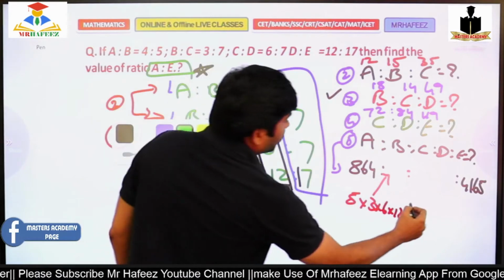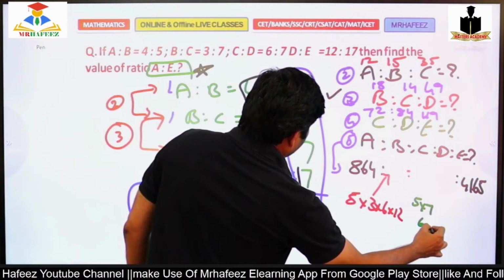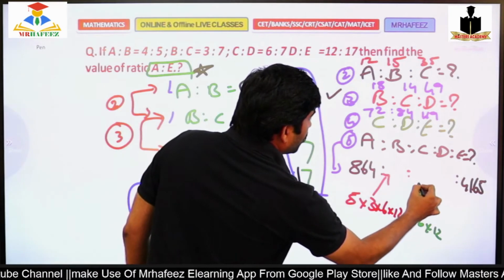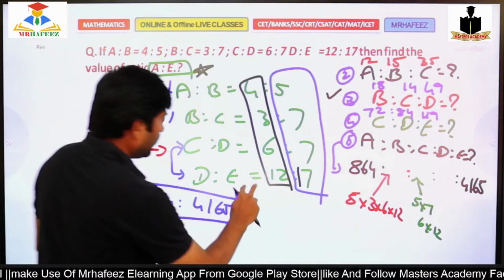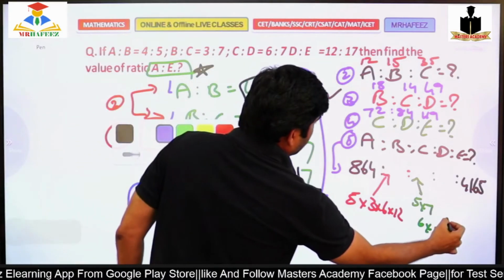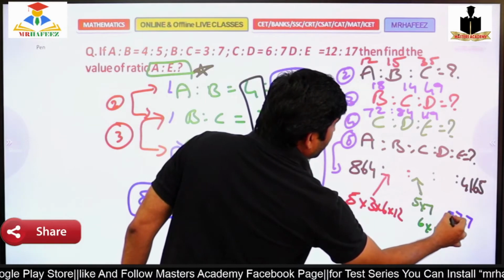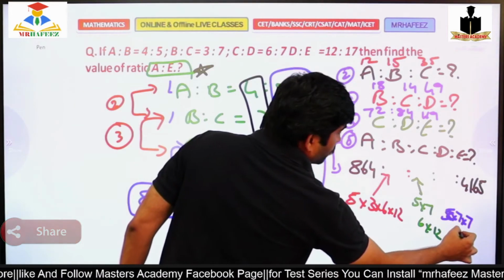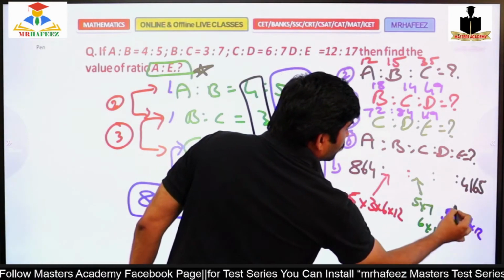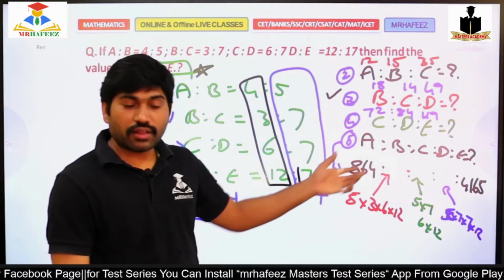C is 5 times 7 times 6 times 12. So you will get C. Next D is 5 times 7 times 7 times, and last is 12 into 12. So you will get D. So like that you will get all the values.